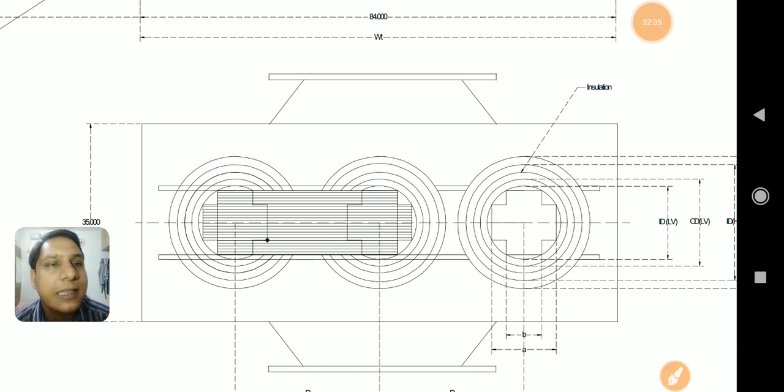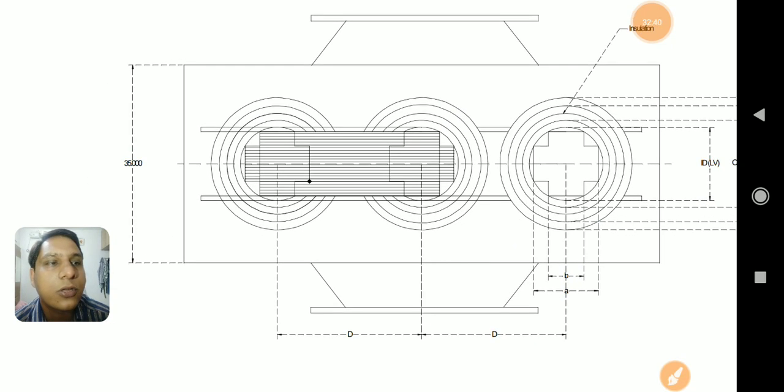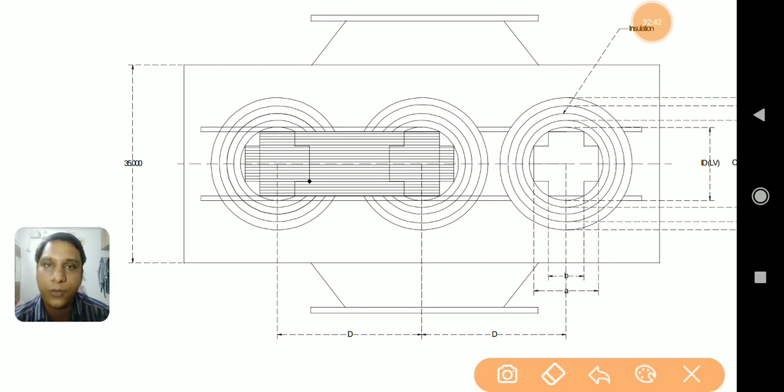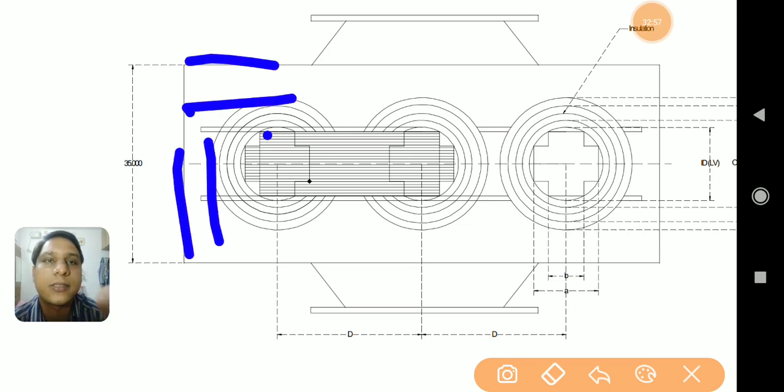Then when we designed the tank, we came across this diagram. If you observe it neatly, we came across this diagram when we studied transformer design. There are some clearances. Those are to be shown in this diagram, and those clearances are again with respect to the core which is shown. These are the clearances that must be present.